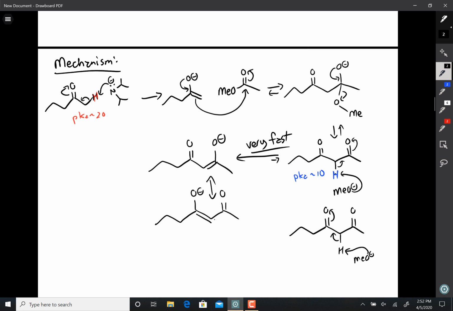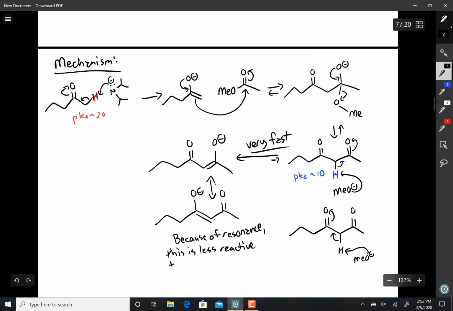But if you notice, there's quite a bit of electron density being shared between the two carbonyls. Because of this resonance, this is less reactive to nucleophiles than the ester is. And as a result, you don't get further addition.